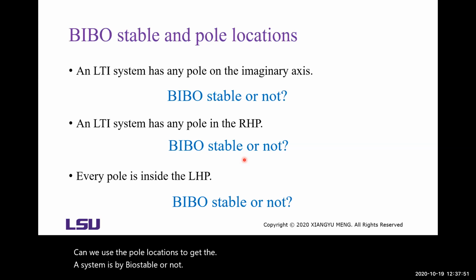Now the first case: an LTI system has a pole on the imaginary axis. I will give you a few minutes to think about it. If a system has any pole on the imaginary axis, is the system BIBO stable or not?